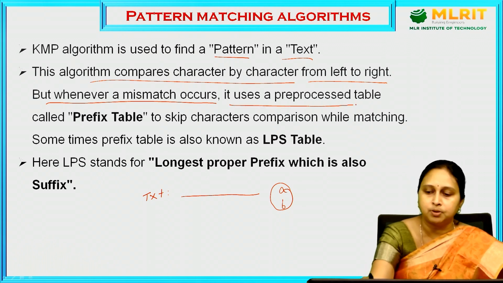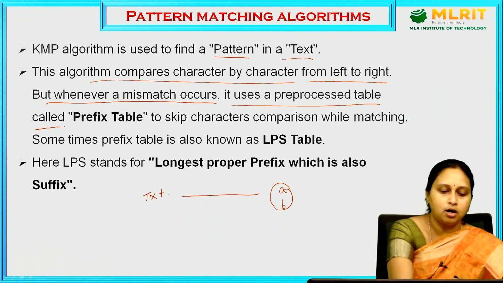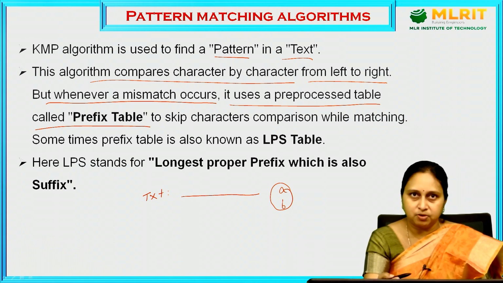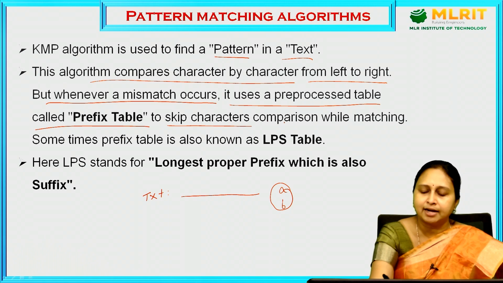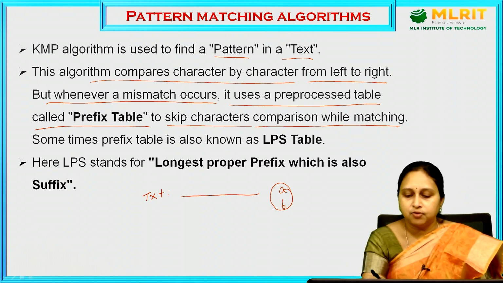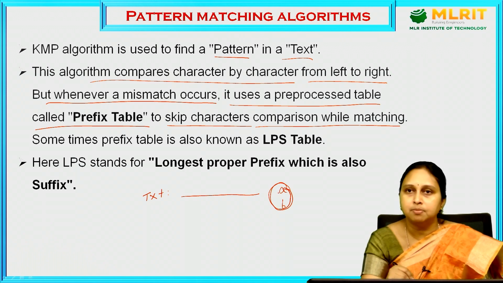It uses a preprocessed table called the prefix table, which we will see shortly, to skip comparisons while matching. That means if I am not finding the exact match, then we use this prefix table.